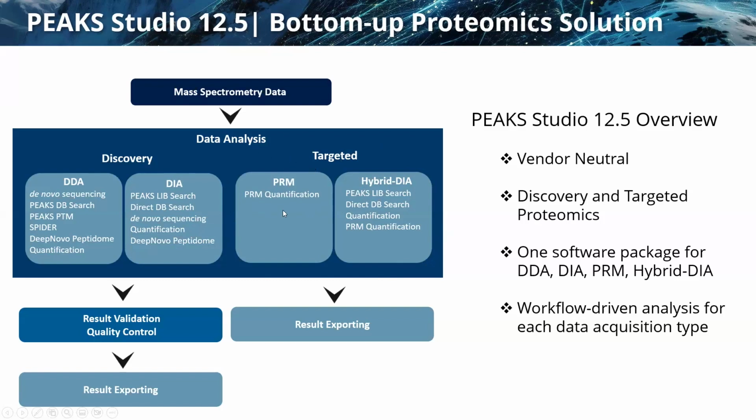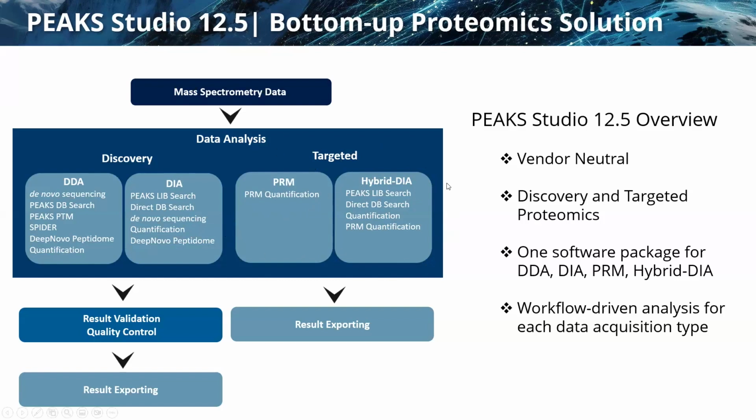So in the PRM workflow, the way you set that up within Peaks is you would perform calibration. You would create a calibration curve and then add additional samples that you want to quantify, and you can do an absolute quantification setup that way.